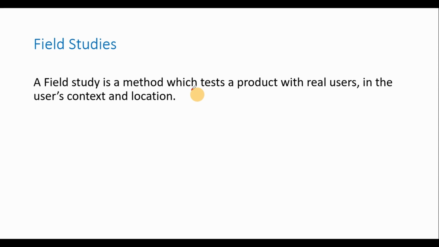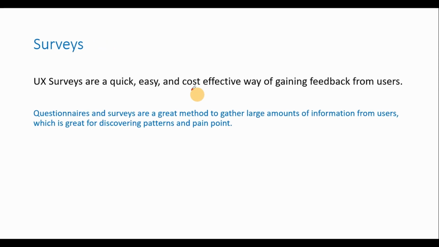Field studies are ideal for when you need to understand what users do versus what they say. Sometimes users can act very differently in a lab environment, so performing testing in context can allow for more accurate and reliable insight. So that's one of the importance of field studies.